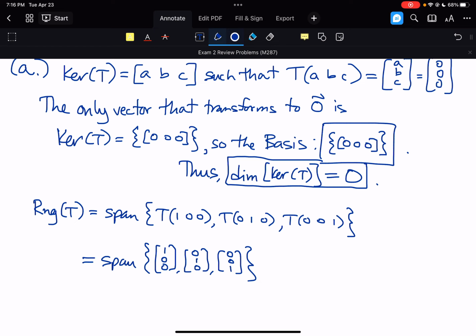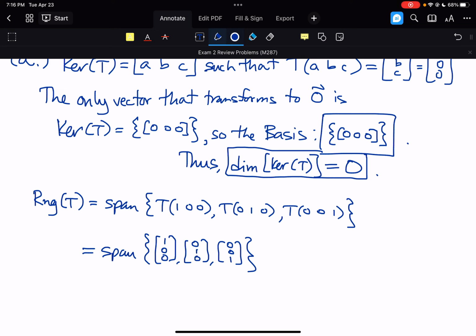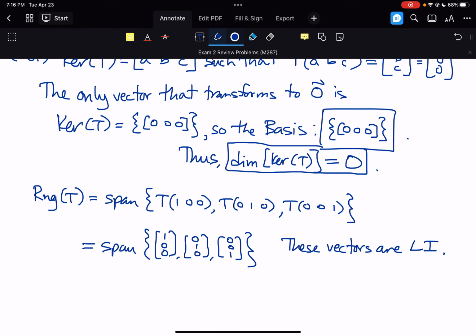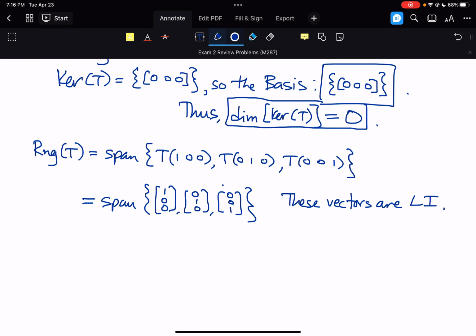Now, if we're looking for a basis, not only do we need to span, but we need them to be LI. These vectors are clearly LI. These form the standard basis for 3x1 matrices, right? If there was more of a question about whether they were LI or not, we could test them to see if the set is LI, and then potentially eliminate any unnecessary dependencies, right? So like if these vectors were different and we found that the third one depended on the first two, we could go ahead and get rid of that to create a basis with only two of them.